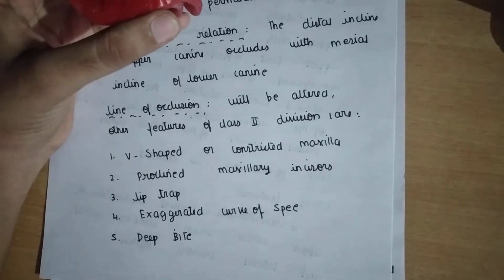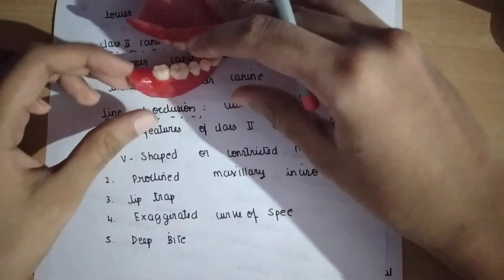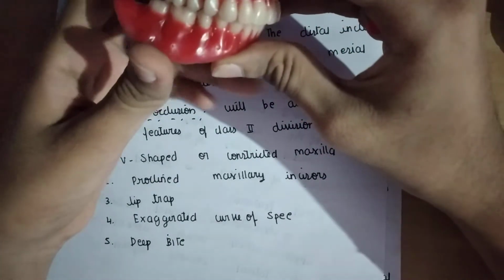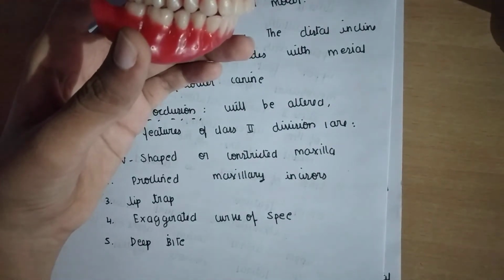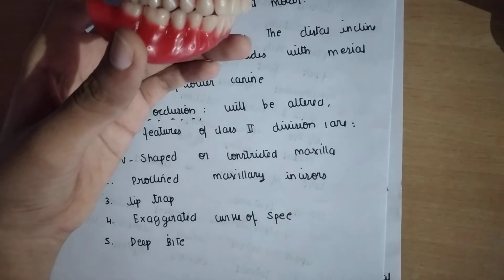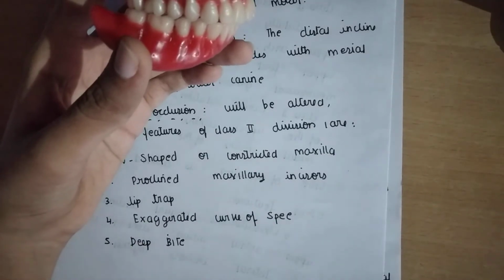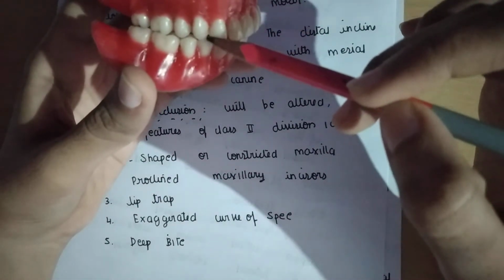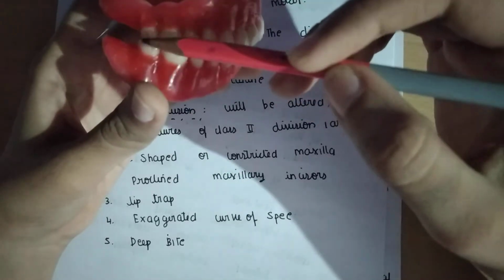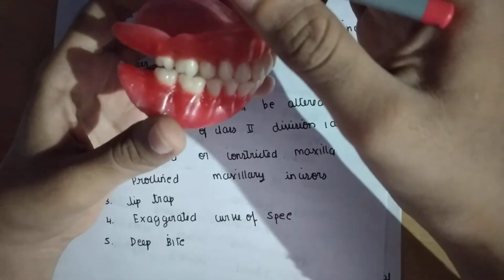Okay, what is the curve of Spee? The curve of Spee is an imaginary line established by the occlusal alignment of the teeth as projected on the median plane, beginning with the cusp tip of the mandibular canine, followed by the buccal cusp tips of the premolars and molars, continuing through the anterior border of the mandibular ramus and ending at the anterior aspect of the mandibular condyle.